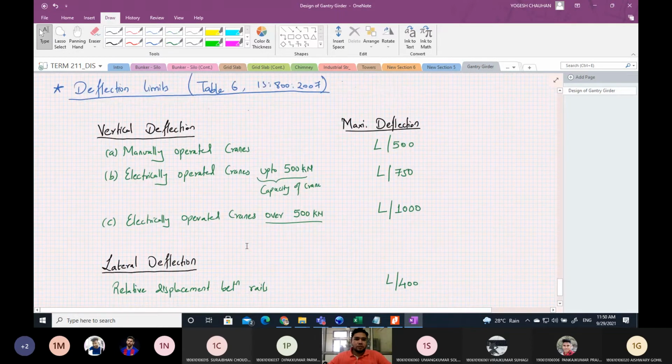So these are the deflection limits given in table 6 of IS 800 2007.